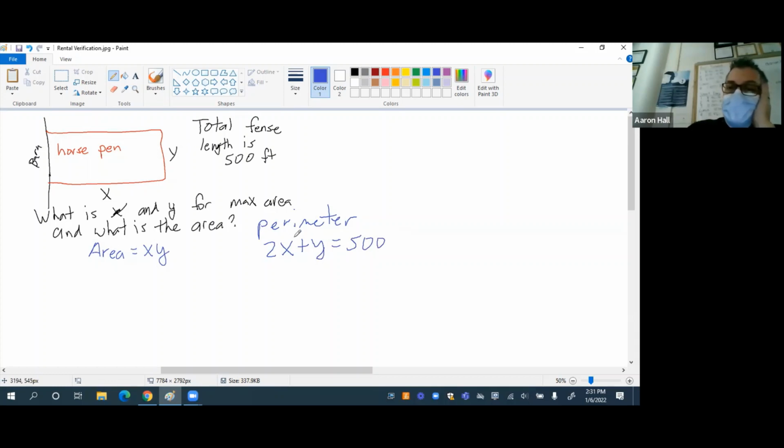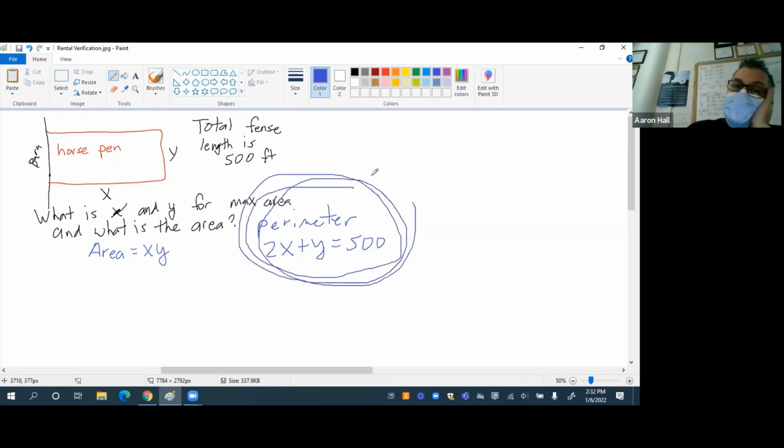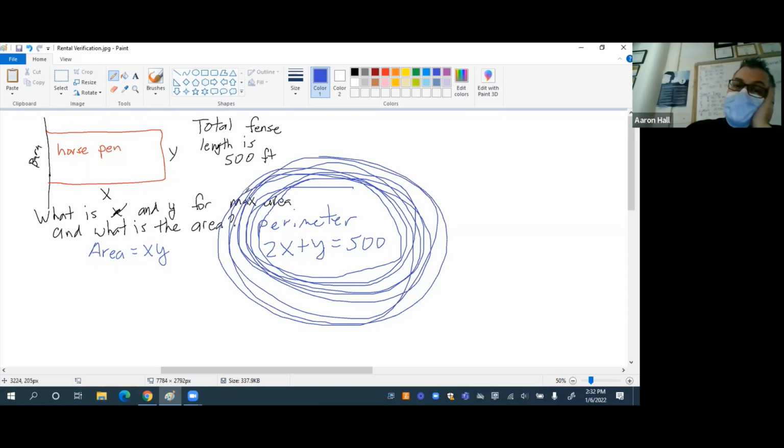Which of these equations am I going to take the derivative of? The perimeter? Does that sound right to you guys? Am I going to be taking the derivative of perimeter? Why not?